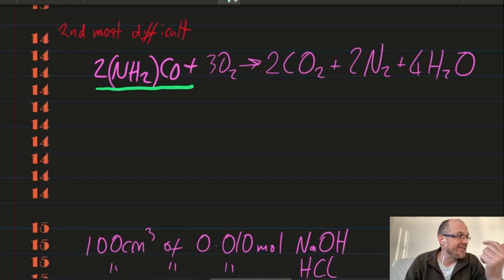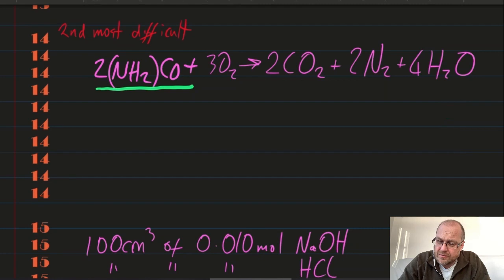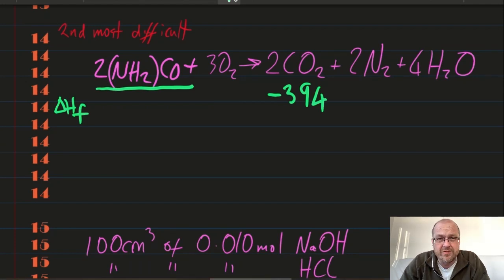Yes. So it's going to be B or D because I can see that there's a half there. So it's just products minus reactants when it comes to delta HF. So I see delta HF, it's just products minus reactants. So that means minus 394 is for carbon dioxide, and that minus 394 has to stay there because that's the product minus reactant.